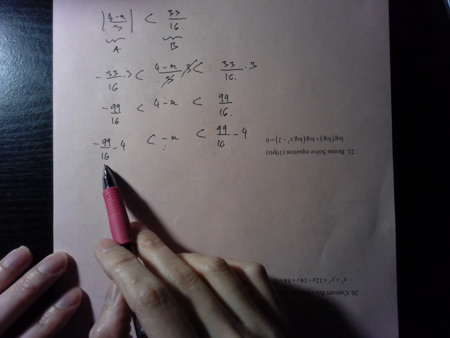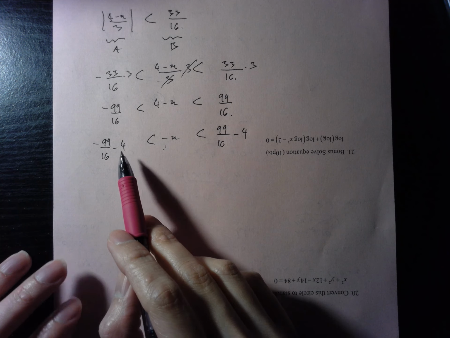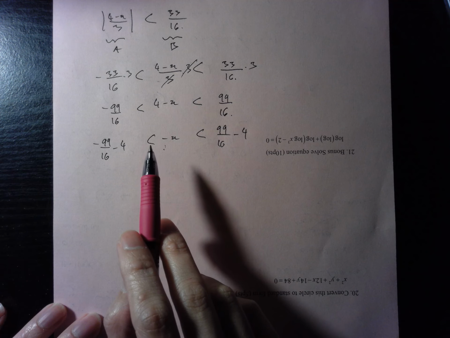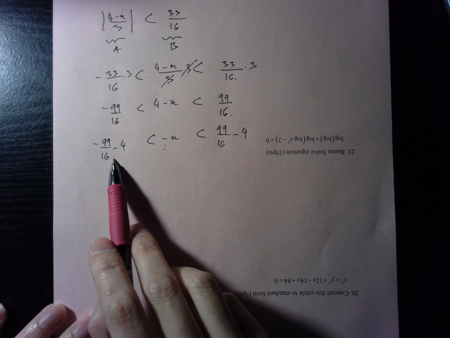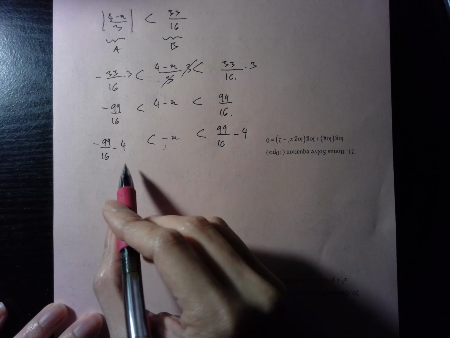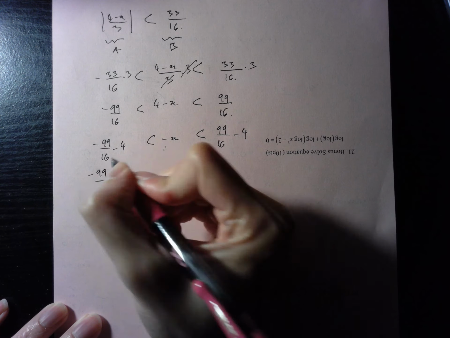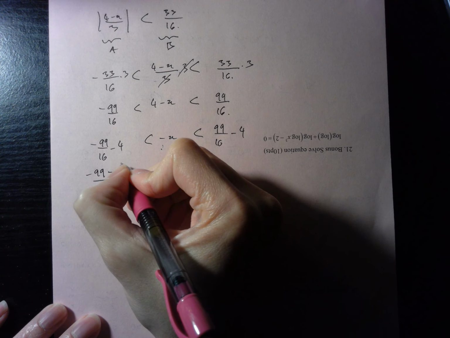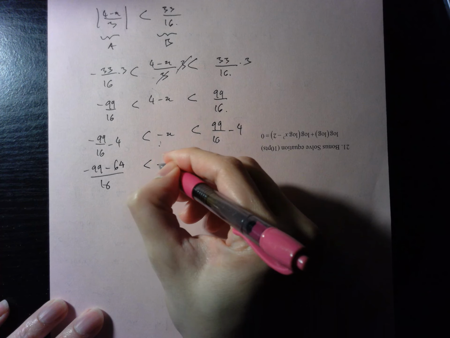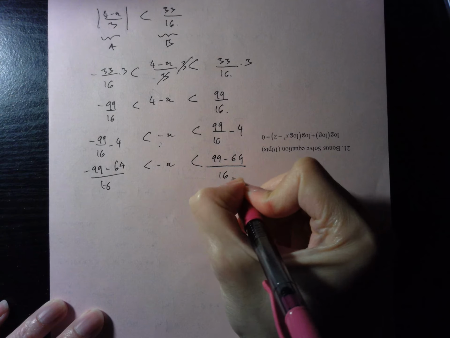Okay, let's go to the denominator one more time. If I multiply by 16, I have 16 times negative 99 over 4, right? 64 less than negative x less than, this is 99 minus 64 over 16.